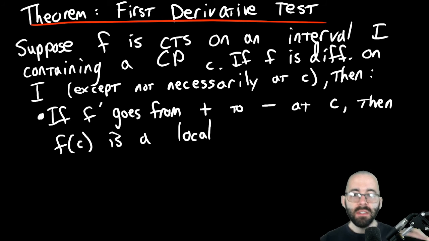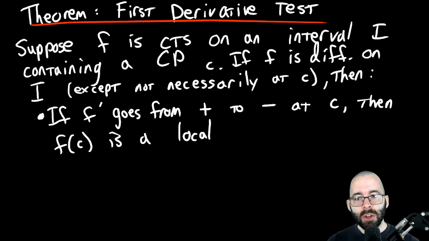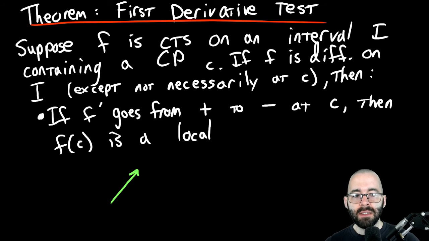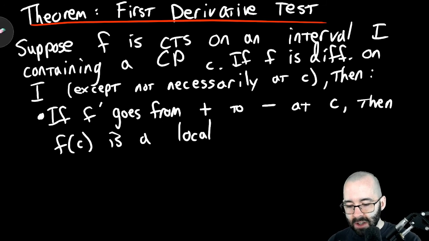And the way to remember is to think about increasing and decreasing. F prime is positive. That means it's increasing. And then negative. That means it's decreasing. Well, are we at the top here or are we at the bottom? We're at the top. It has to be a local max. And that's how you can remember, okay?